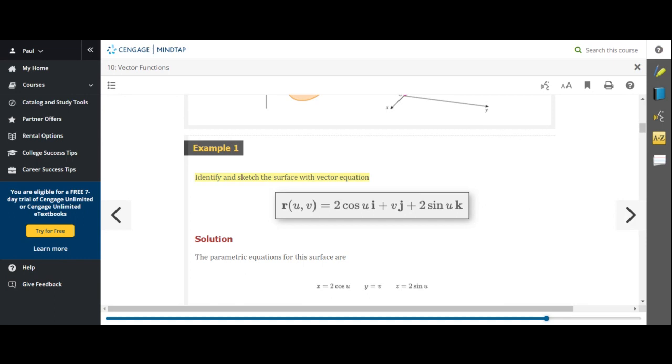Well, you see, the circle is drawn using the I and K vectors, so it's going to be in the XZ plane. Right. Now, what if V were equal to 1? If we hold that V constant and let U vary, what are you going to get?